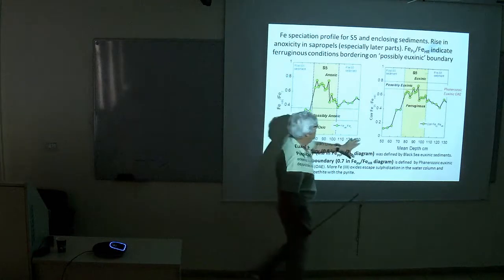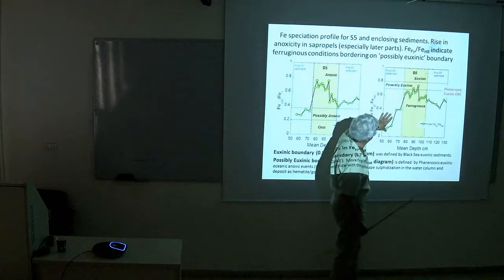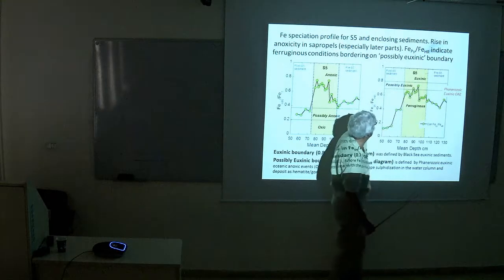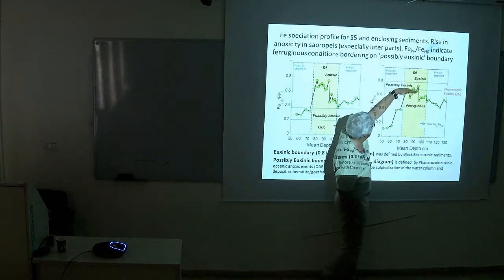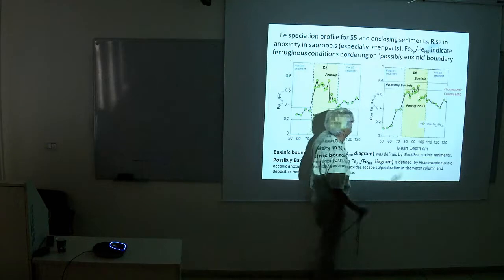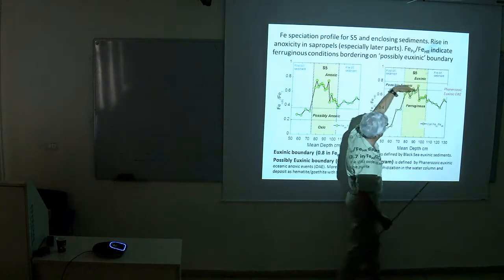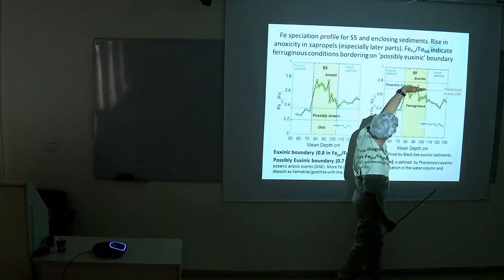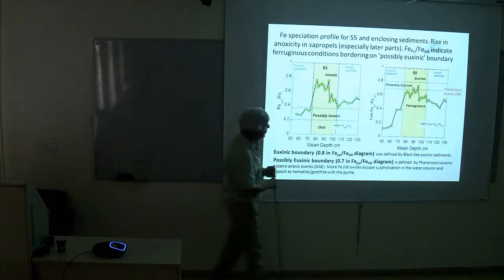And when you look at the data from the sample pair, it barely crawls into this possibly euxinic sphere. In fact, most of the data are just ferruginous. Okay, but it's close to this Phanerozoic anoxic-euxinic boundary, but still mostly on the ferruginous side.